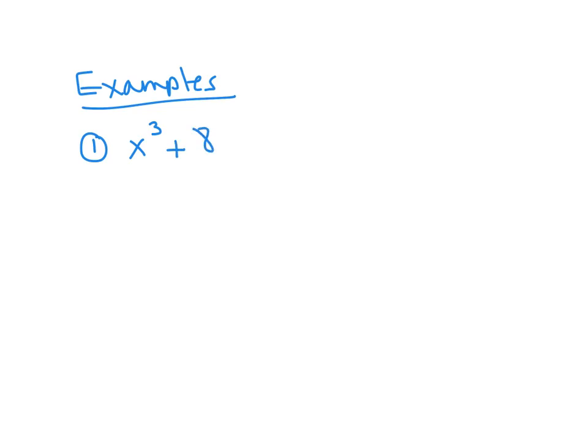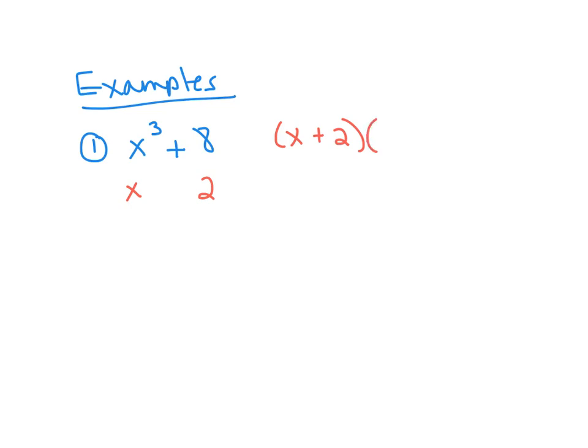First thing you need to do in your head is, can you take the cube root? Cube root of x cubed is x. Cube root of 8 is 2. Now the first parenthesis, you do the x and the 2, and the sign here is the S for SOAP, the same, so x plus 2.